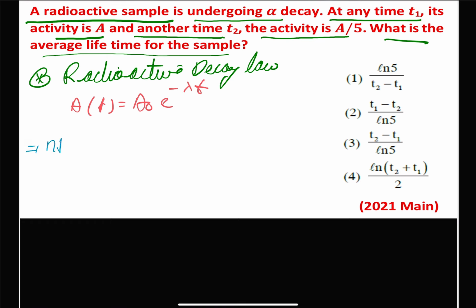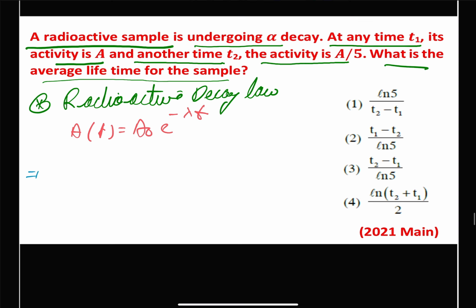We are given that there is a change in activity from A to A by 5 when time changes from t1 to t2.